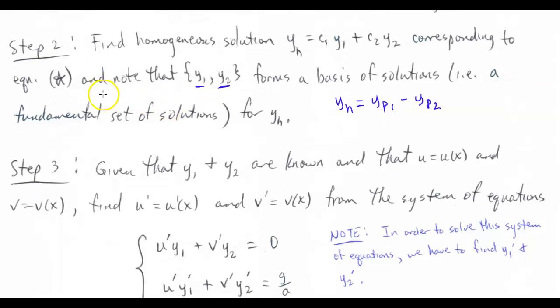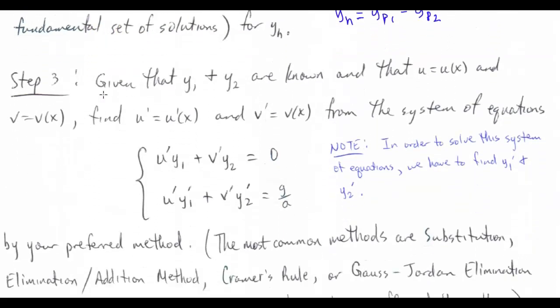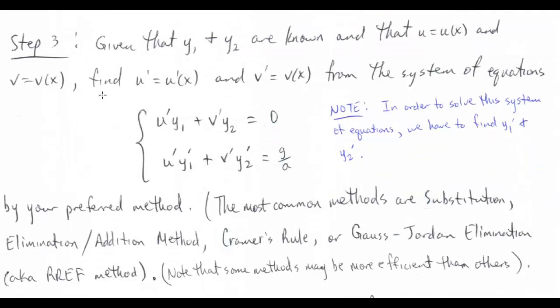So our step 2 is just basically solve for the homogeneous solution. Our step 3 is that now that we know the basis functions for our homogeneous solution to our non-homogeneous differential equation, and we know that u is a function of x, v is a function of x, we need to find the derivative of u and the derivative of v.